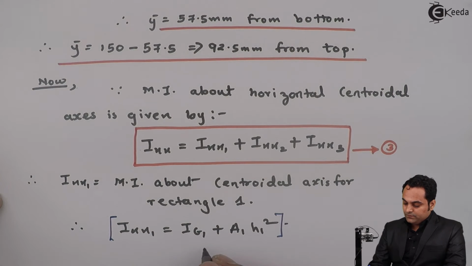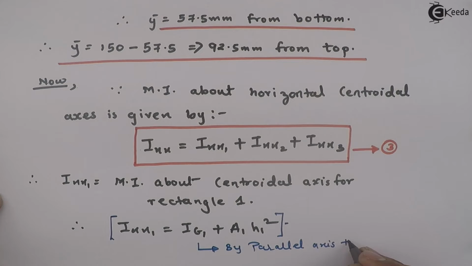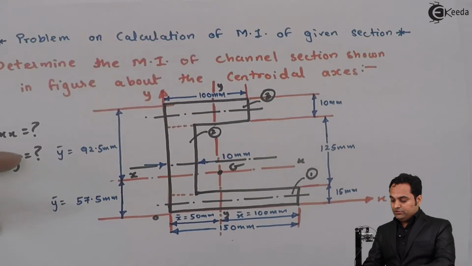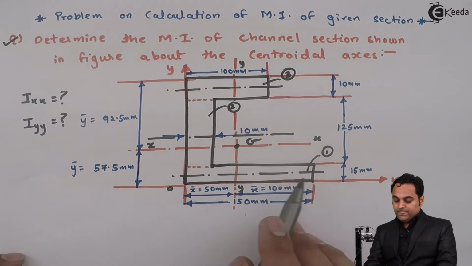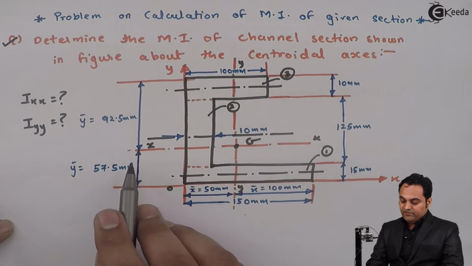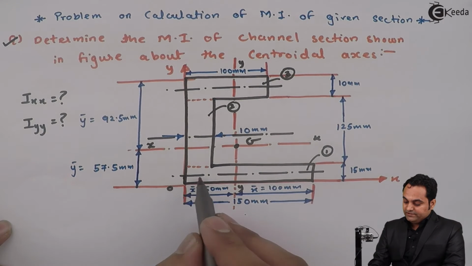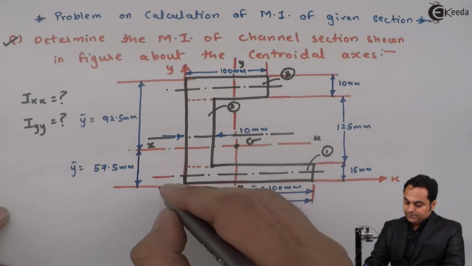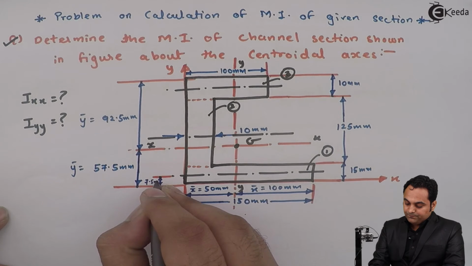This is by parallel axis theorem. And why we are using the parallel axis theorem is because the x-axis for the complete C section is passing through 57.5 mm distance, but the x-axis for rectangle number 1 is at a distance of 15 by 2, that is 7.5 mm from bottom.